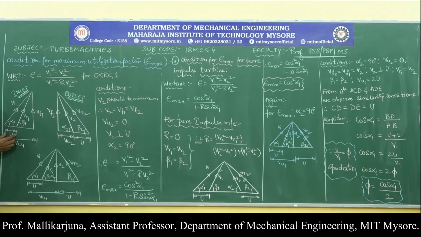Next, U is the tangential velocity of the runner blade. Alpha 1 is the inlet nozzle angle with respect to the blade rotation. Beta 1 is the blade angle with respect to the tangential component. So, this is what is related to the inlet.